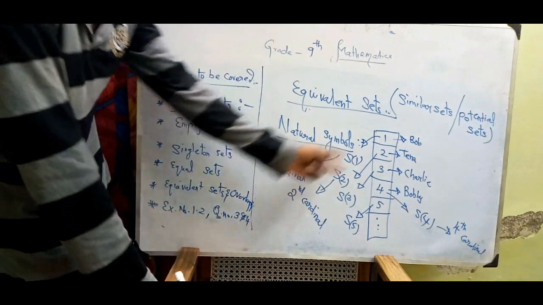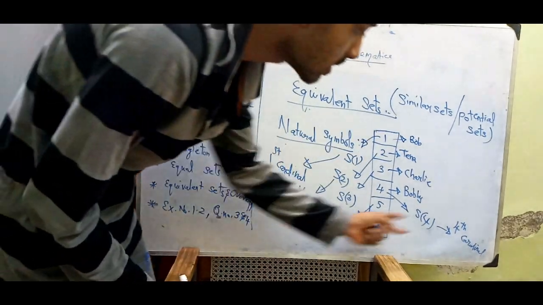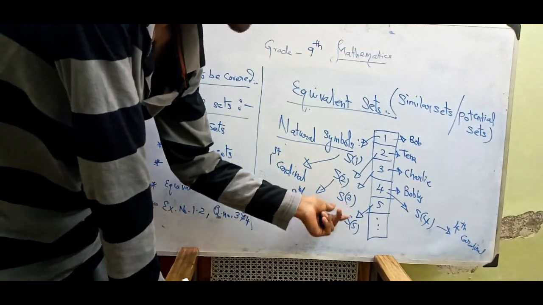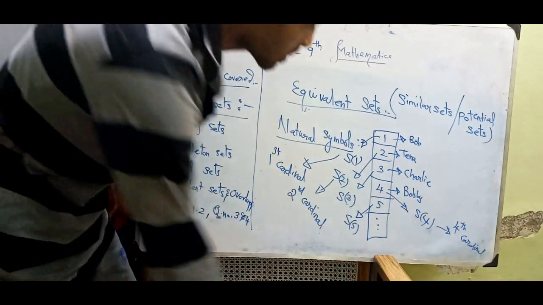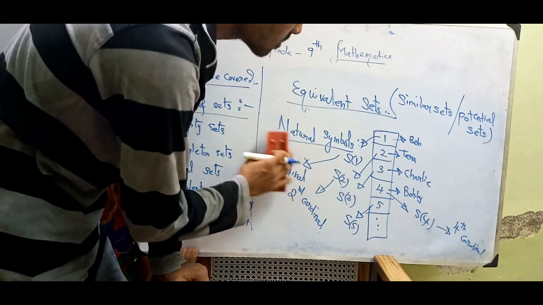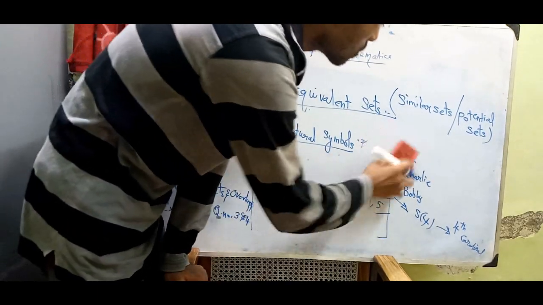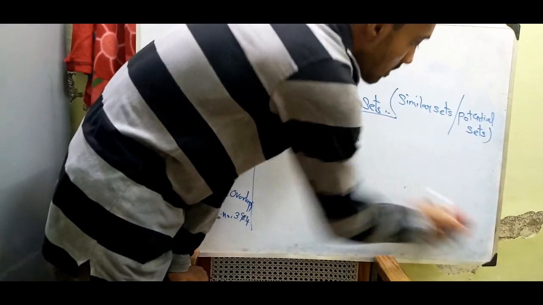Cardinal, we know number of elements present in the set, right? So I'm using again cardinality here. So first cardinal, second cardinal, third cardinal, fourth cardinal, and fifth cardinal number. Okay, so these are all the numbers. So I used to denote natural symbol to be like this.